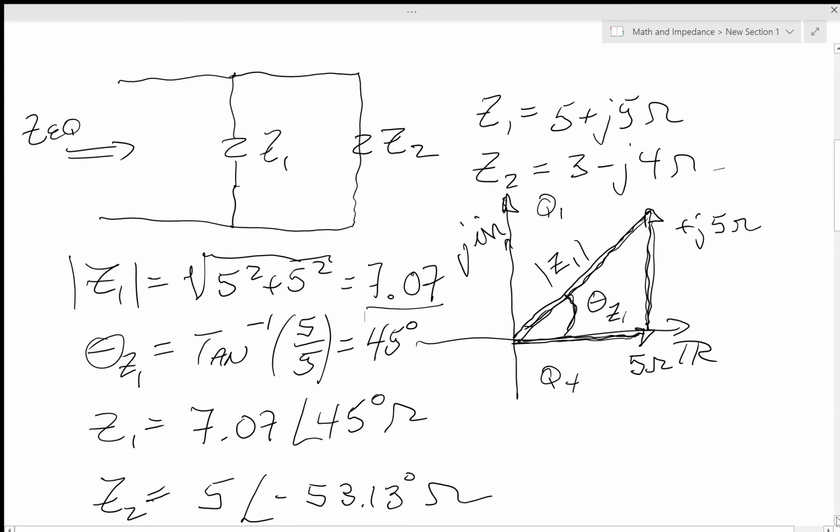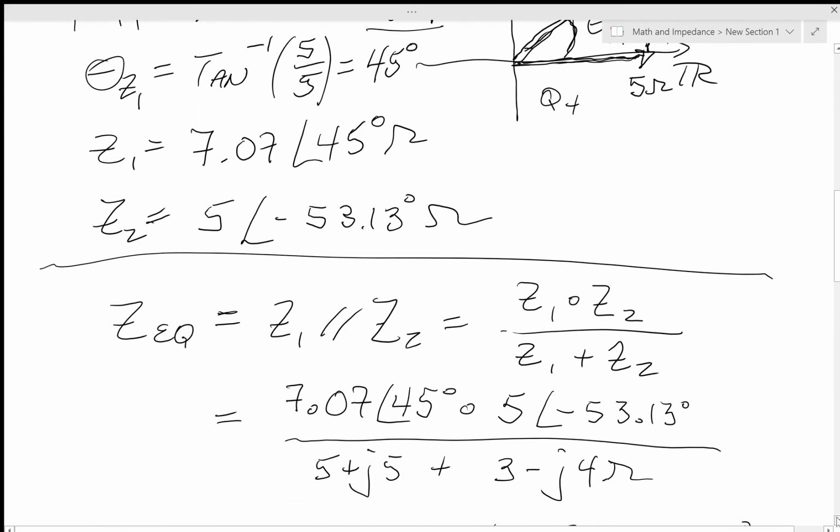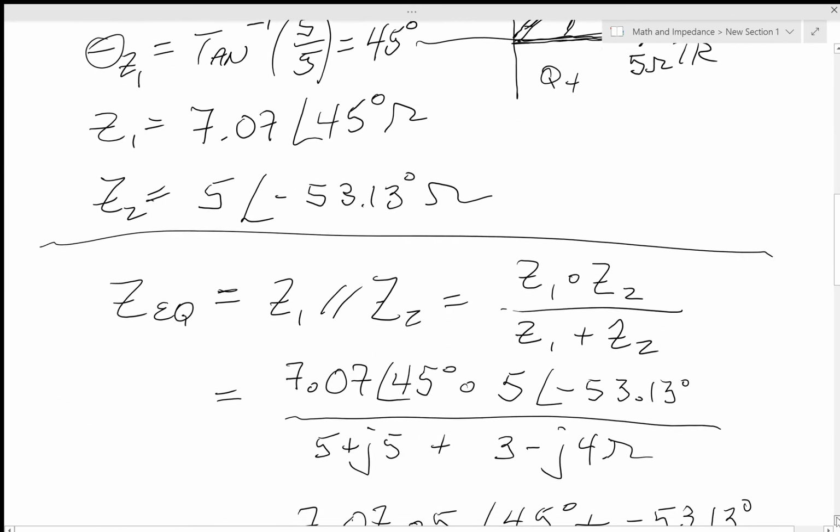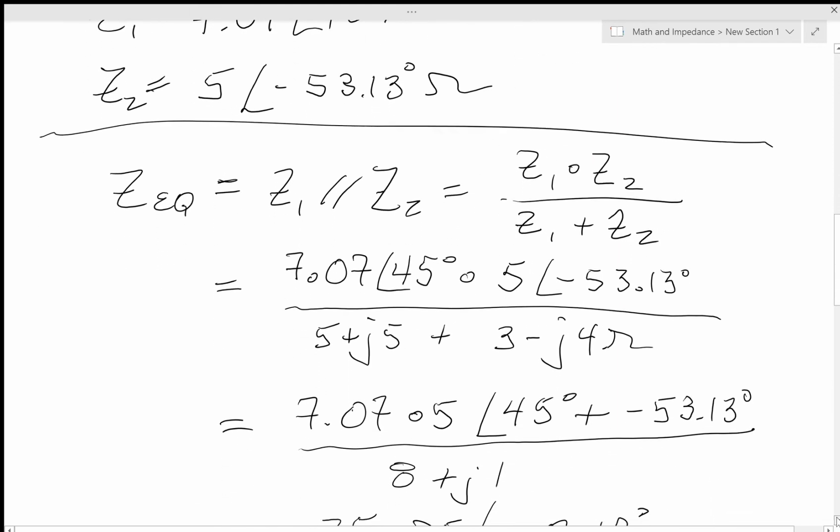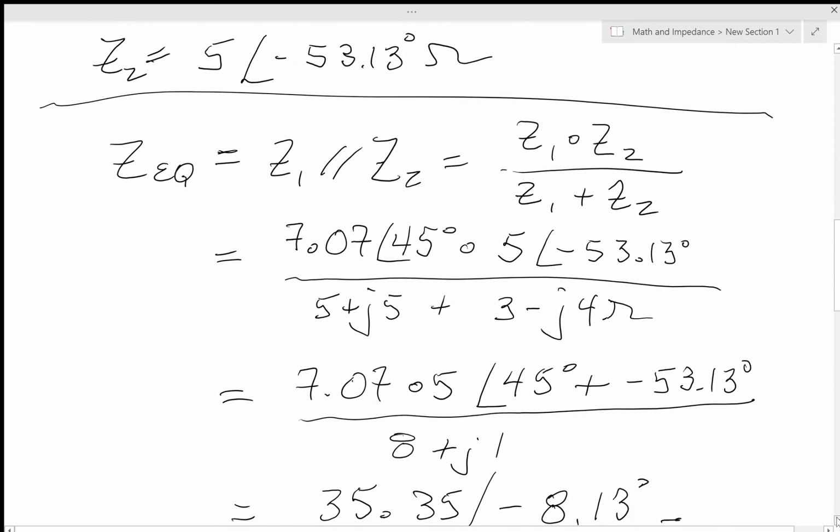Again, you put in minus 4 divided by 3, take the tangent inverse, and I get minus 53.13 degrees for Z2. All right, so I'm going to use the old format to find ZEQ for two numbers in parallel. I multiply Z1 times Z2 and divide that number by Z1 plus Z2. Now, add and subtract is easier in rectangular. Multiply and divide is easy in polar format.